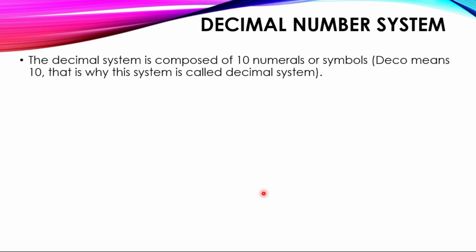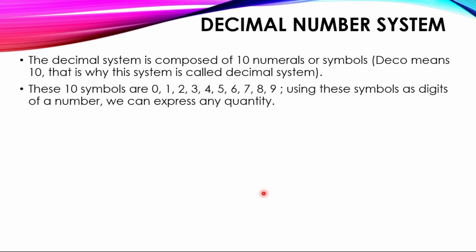The decimal number system is composed of 10 numerical symbols, deca means 10. That is why this system is called the decimal system. Now whenever you talk about decimal, it is composed of 10 numbers or 10 symbols. So the combination of these 10 symbols is called the decimal number system.